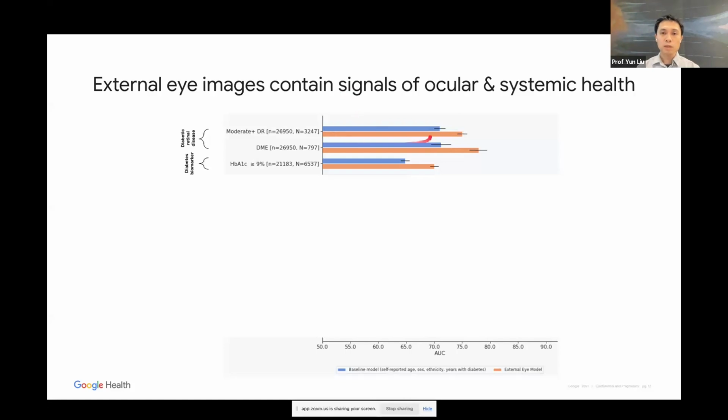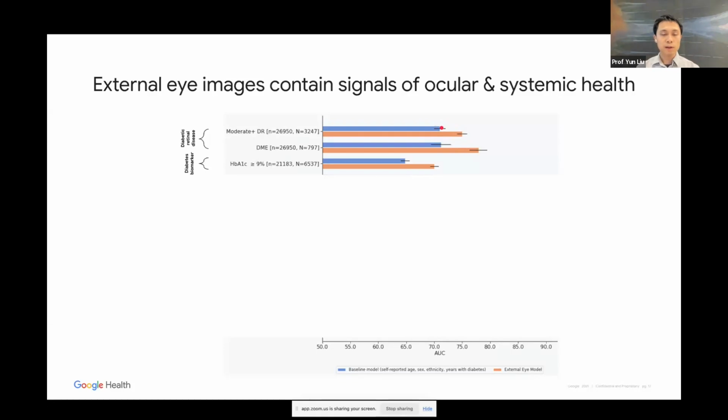That model is making a prediction about whether this individual is likely to have DR or not, and those correlations exist within the data. The fact that it can do better than random is not surprising. What is surprising is that if we use the external eye model to do the same prediction, remember, this is a photo of the outside of the eye, not the retina, there's quite a bit of a delta between that baseline and the external eye photo.